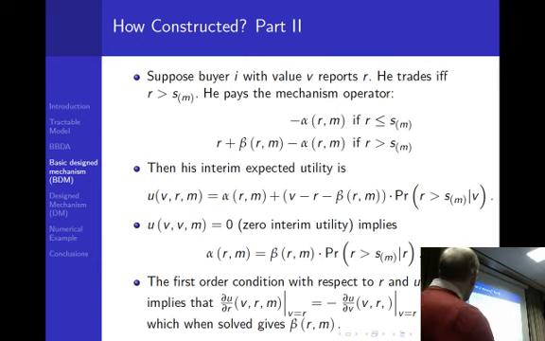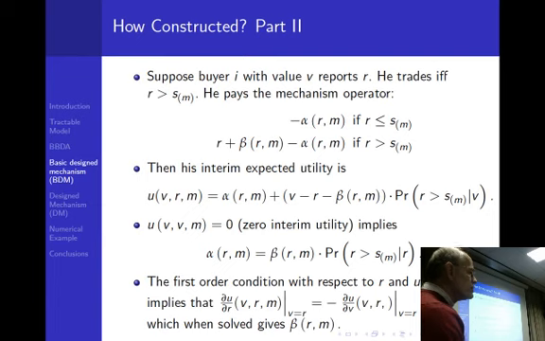And beta will also be a positive number, and so if he does trade, he's going to pay whatever he reports, which is going to be the truth, plus a negative number plus a positive number.